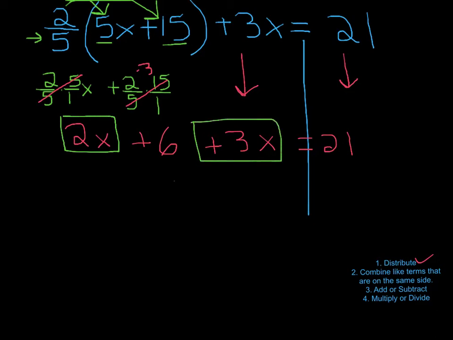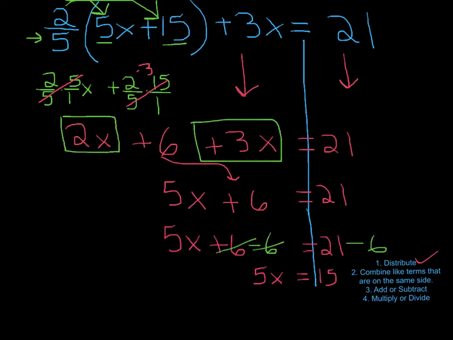So that becomes 5x. Bring everything else down. So plus 6 equals 21. Now we're doing a two-step equation, so we can subtract 6 on both sides. So 5x equals 15. Now divide both sides by 5. So x equals 3.